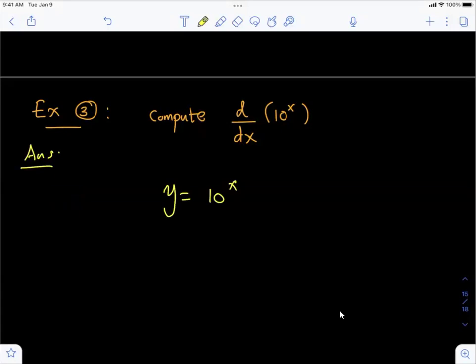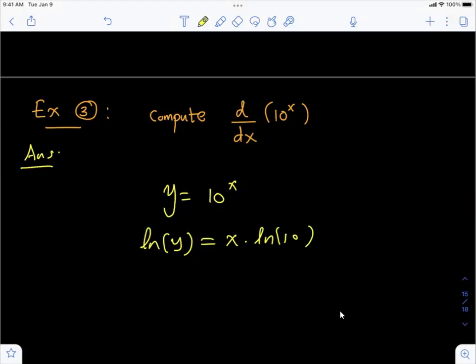Now, to do that, the next step, first of all, I will take ln y. I'm not going to take the derivative right away because I have no clue how to do it. But I do have a way when you take the derivative of ln. When you take the ln of the given function y, this is what it's going to be with the simplification on the right side.